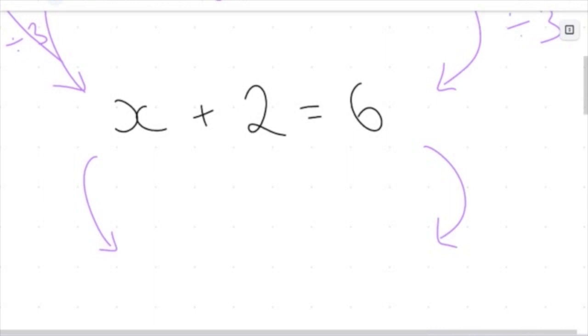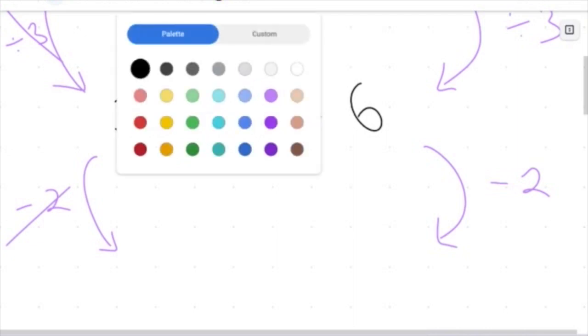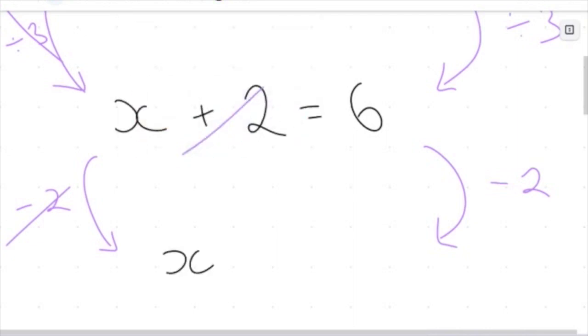So x would just be the difference between 6 and 2. So I'm going to minus 2 from each end. That gives me x equals 6 minus 2, which is 4, the exact same thing I got in the first example of my previous video.